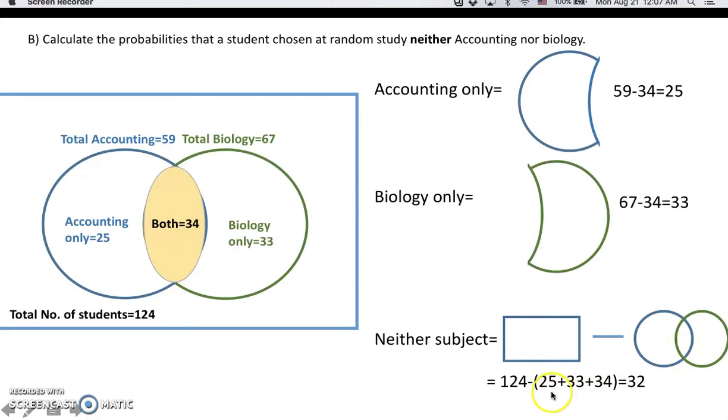The first part is the number of students who study accounting only. The second part is the number of students who study biology only. The third part is the number of students who study both. The difference between these two figures is the number of students who study neither subject.